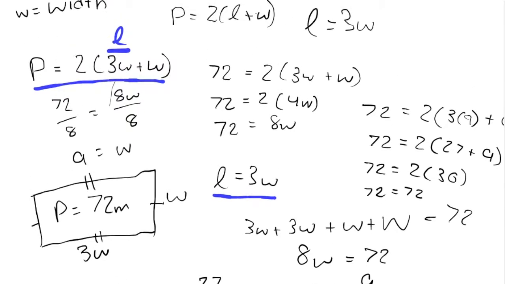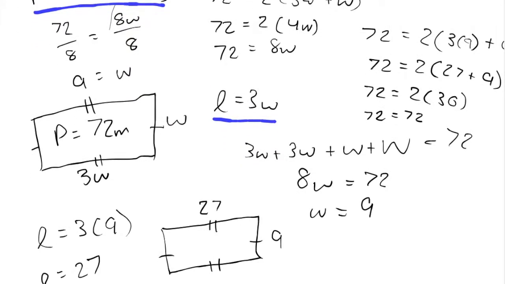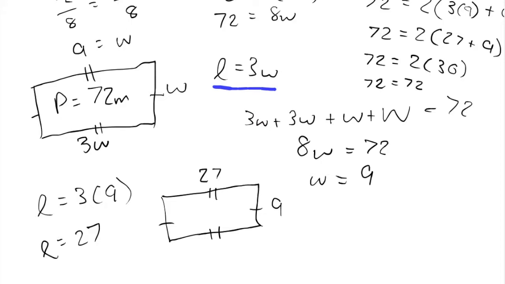Now, the last thing that we didn't solve for in the word problem was the area of the garden. Well, the area is simply just length times width. And now that we know what the length is and we know what the width is, we can quite easily say that the area is simply just 27 times 9. Hold on, let me just pull out my calculator here.